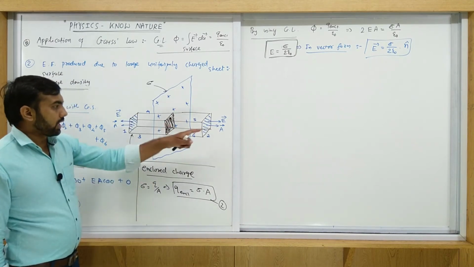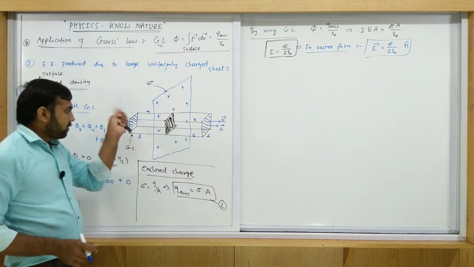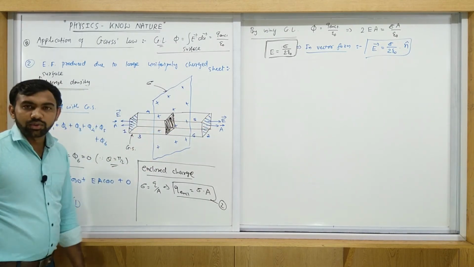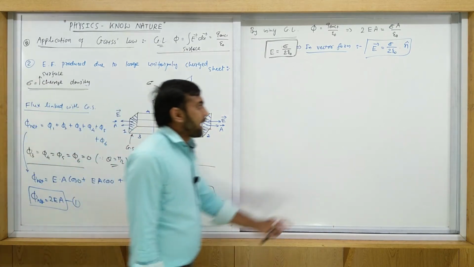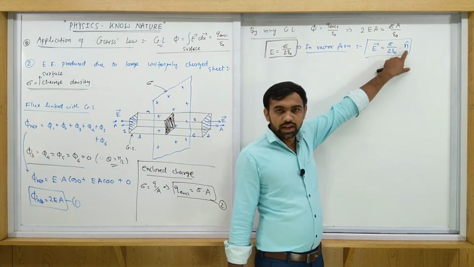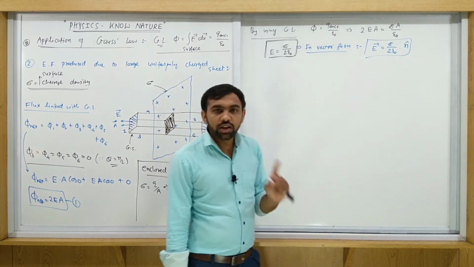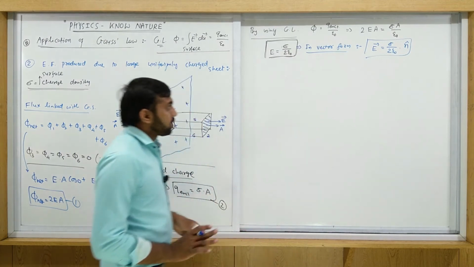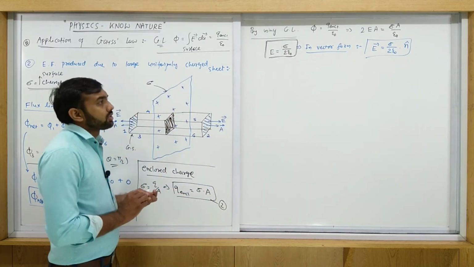If you consider the right hand side, the direction is this one. If you consider the left hand side, the direction is this one. It depends on which side you have to consider. So here n is the unit vector along the electric field. So this is one equation, and we have to write some notes about it.